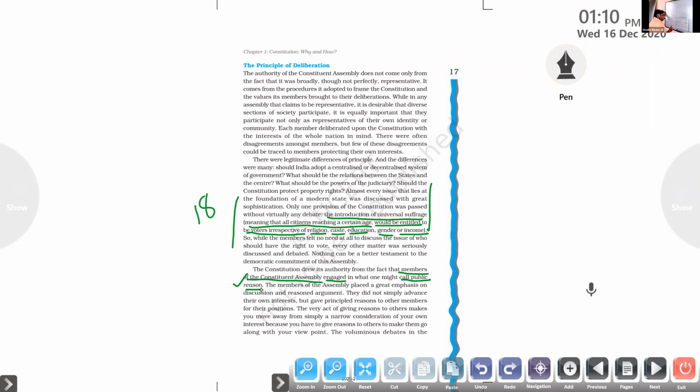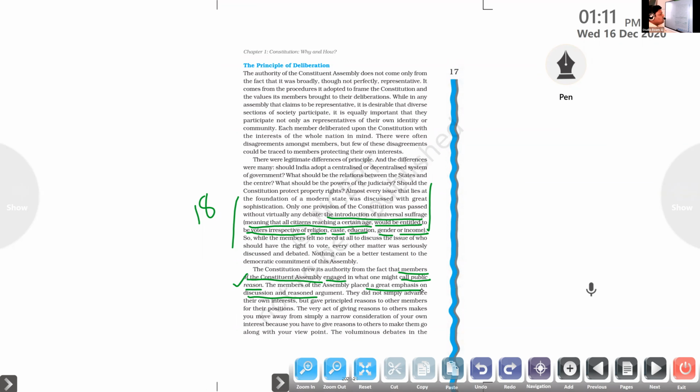The members of the assembly placed great emphasis on discussion and reasoned argument. They gave importance to discussions and reasoned arguments, not just argument, but argument with reason and sense, rational arguments, not arguing for the sake of argument.